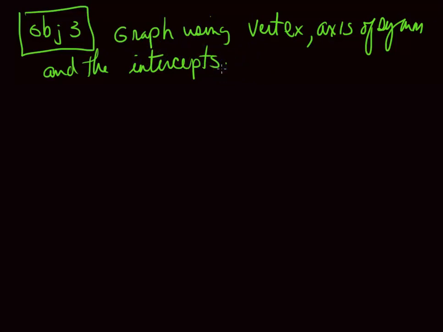So, let's see if we can do this. I'm going to pick, I don't know, 3x squared minus 5x plus 1. I don't know if that's going to work or not. 3x squared minus 5x plus 1.